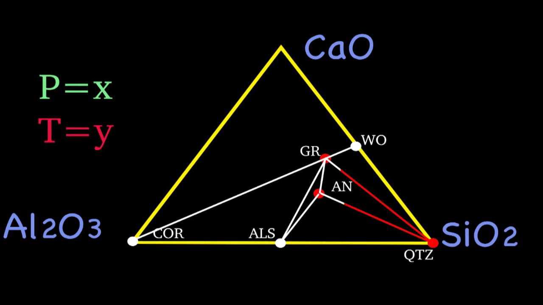As tie lines connect minerals that can exist stably, we know that any minerals not connected directly by a tie line cannot coexist stably, at least not at this pressure and temperature. At the conditions for this particular chart's chemistry, pressure and temperature, corundum and wollastonite can never occur together.